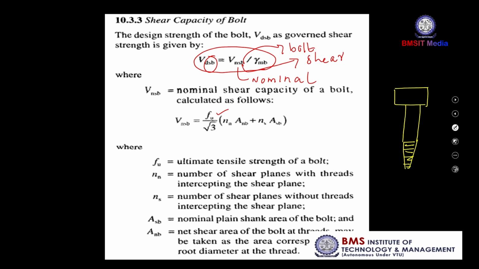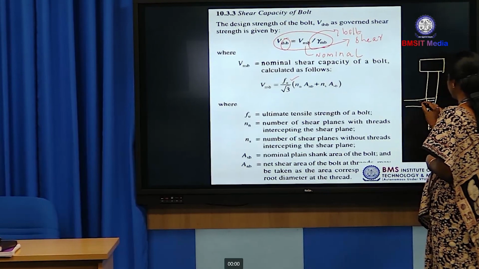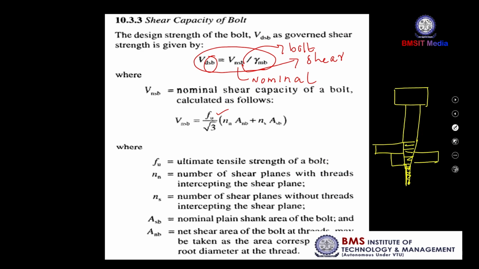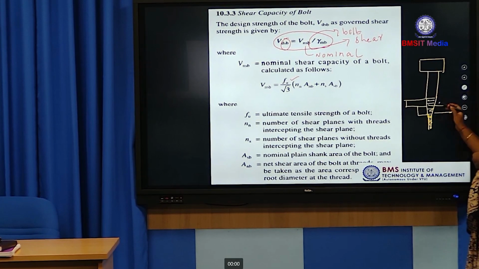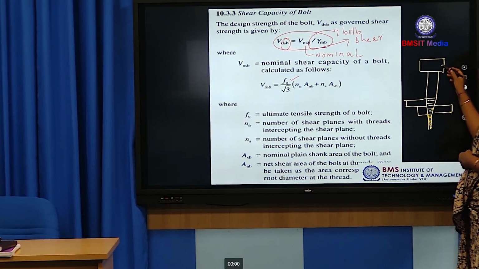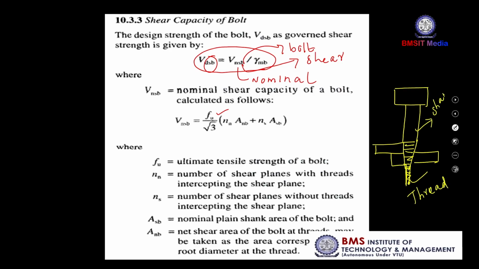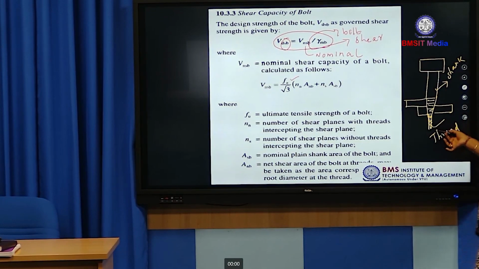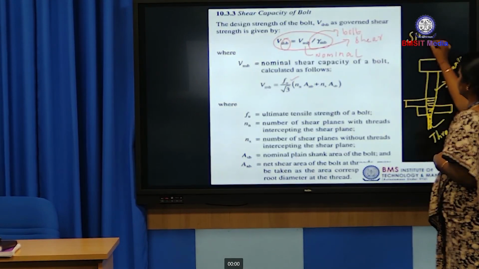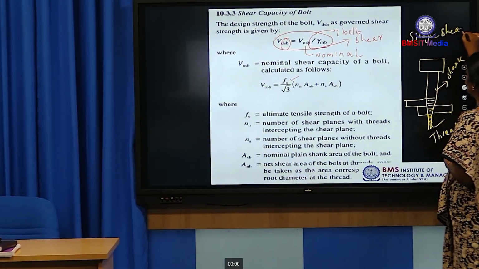The bolt has two portions: one is the shank portion, another is the thread portion. This is the thread portion and this one is the shank. We have taken only the lap joint, so there is only one shear plane. This is subjected to single shear only, for the lap joint.